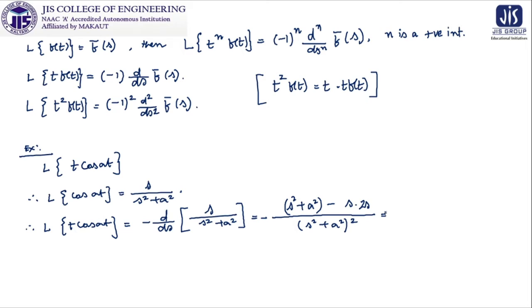Simplifying, we can write it as (s squared plus a squared) whole squared in the denominator, then the numerator is 2s squared minus s squared minus a squared, that is s squared minus a squared. So though it looks like a long integration if we don't apply this property, application of this property solves the problem in 2 lines.